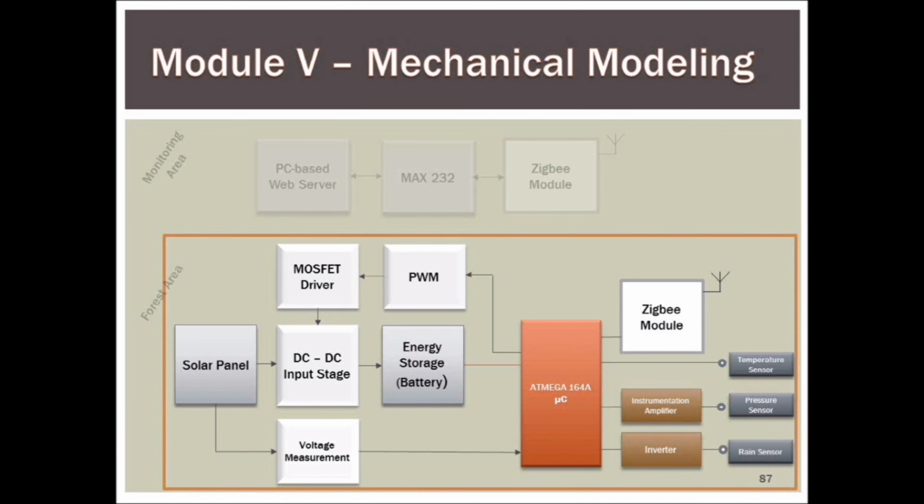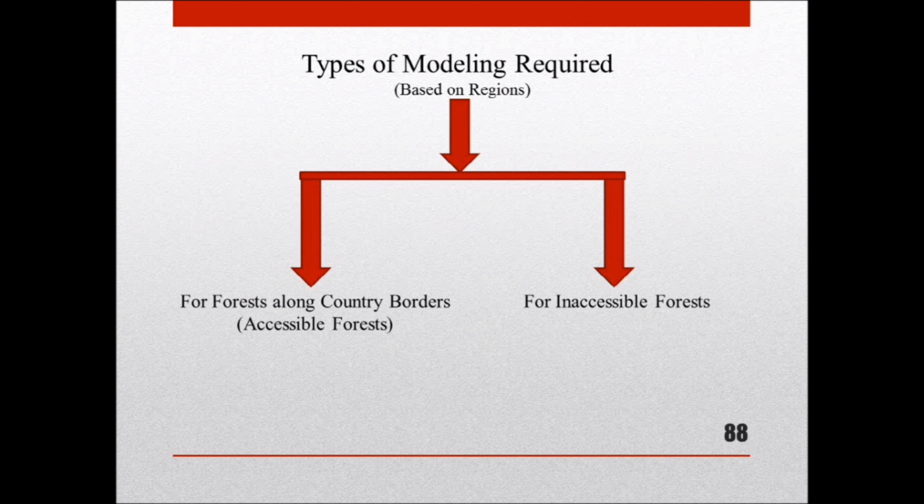We have developed and implemented all the hardware components, but mechanical modeling must be done for successfully implementing the forest area module in the forest without any damage. It has to be protected from the environment. So for the entire forest area module, mechanical modeling is done.